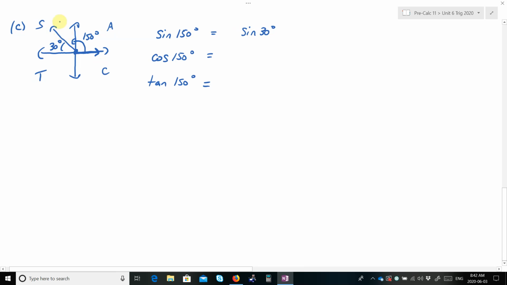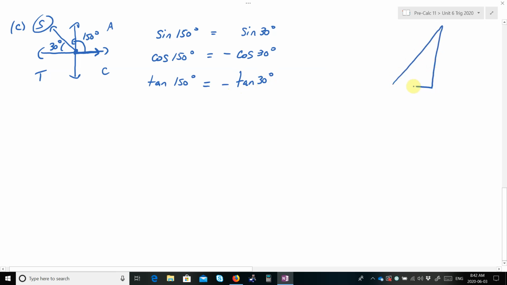And notice how sine is positive in quadrant 2, so sine of 150 will be positive, same as sine 30. In quadrant 2, yes, sine is the only one positive, so cos of 150 will be negative cos 30. And tan of 150 degrees would be negative tan 30.